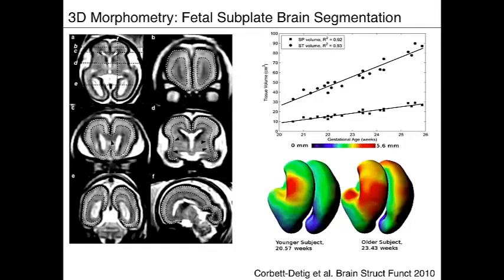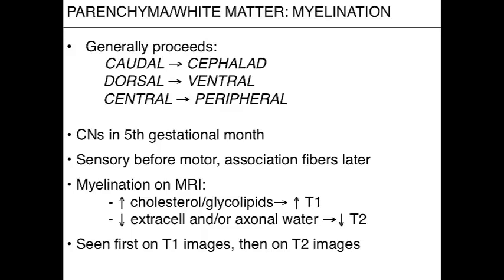We can look at the thickness or the volume of different areas of the developing brain, and using the 3D morphometry technique that I showed you earlier, we can actually show that the subplate, shown here in volume, actually increases between 20 to 26 weeks gestation, and that this ratio of subplate to total volume is roughly constant.